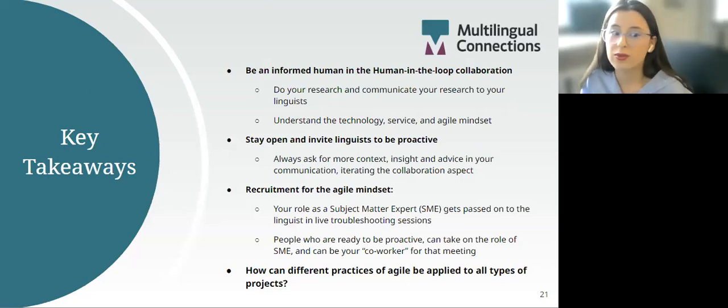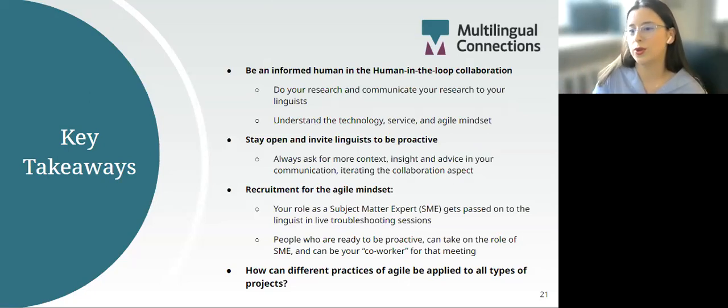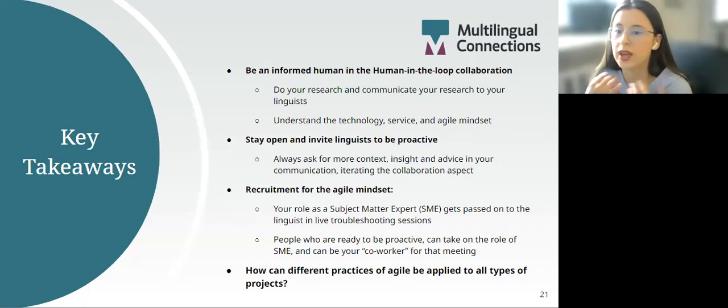It's important to be an informed human in the human-in-the-loop collaboration, doing our own research and communicating our research to the linguists as well, understanding the technology or the service or the agile mindset that is being practiced in the process.